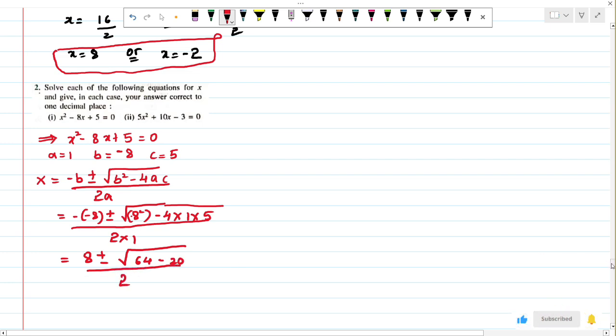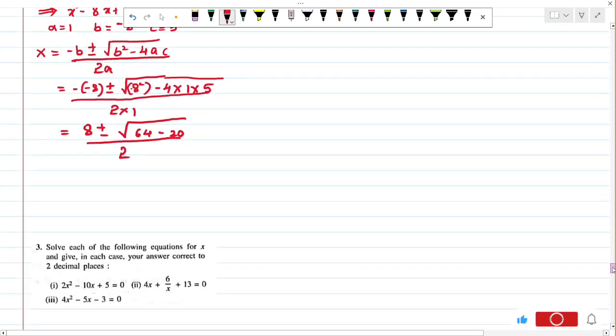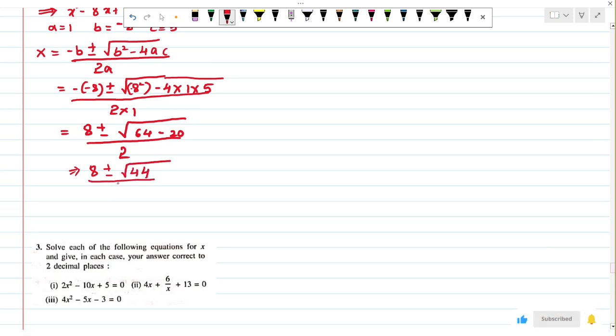So if I simplify this, I'll get 8 plus or minus root of 64 minus 20 is 44, divided by 2. So if I simplify this once again, 8 plus or minus, so this becomes 11 into 4, right, divided by 2.